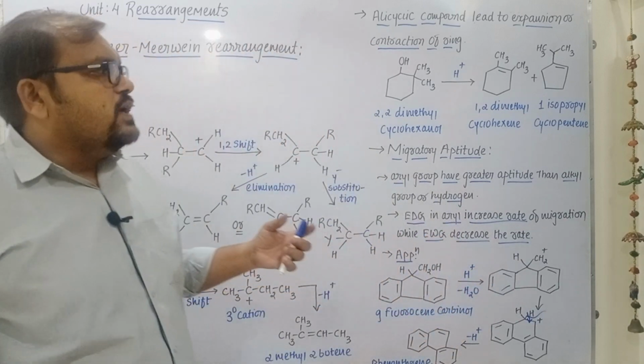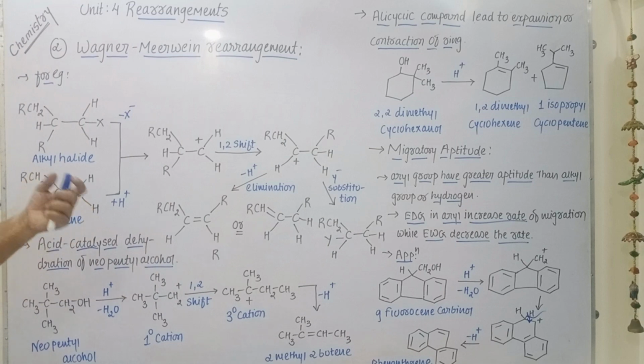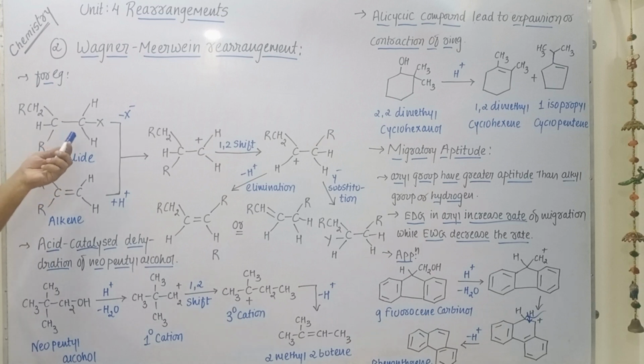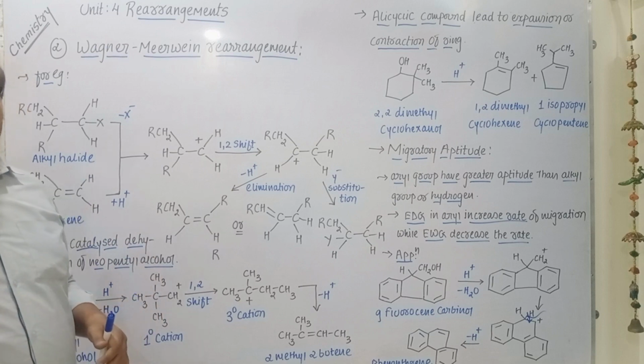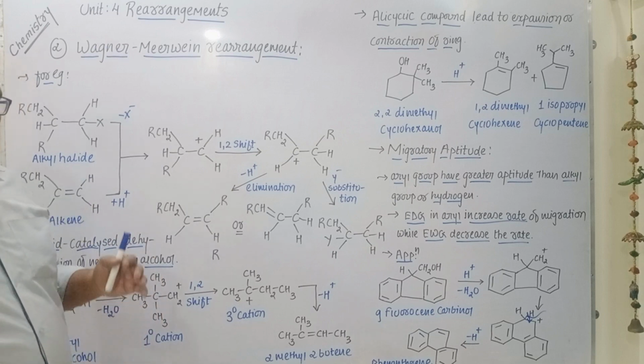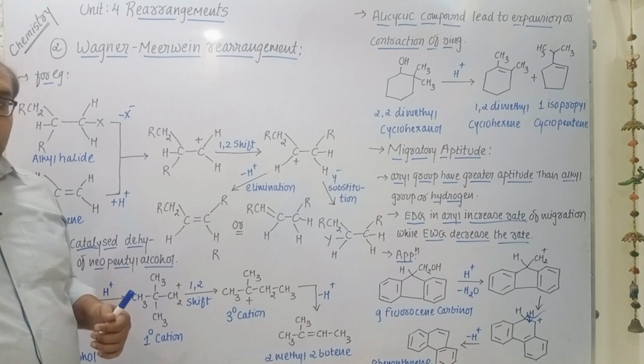These 2 ways can be further explained with the help of an example, as we can see on the board, when an alkyl halide undergoes loss of halogen, or when we carry out protonation of an alkene. We know that protonation of an alkene follows the Markovnikov rule. And what is the Markovnikov rule?